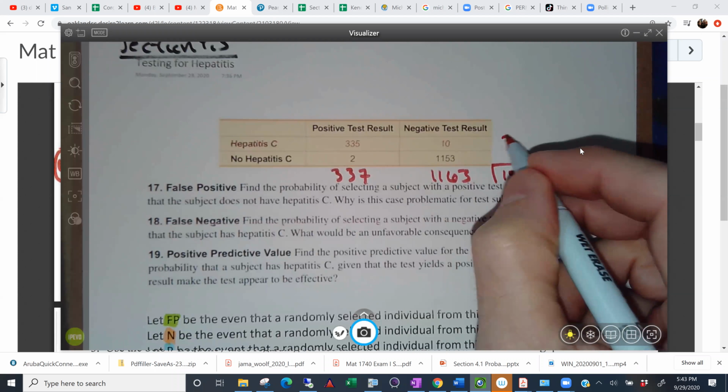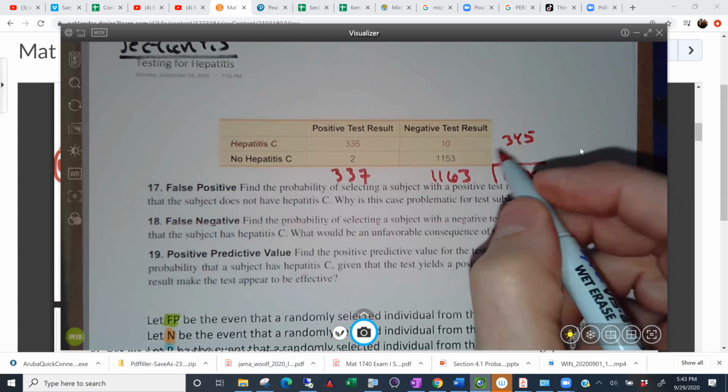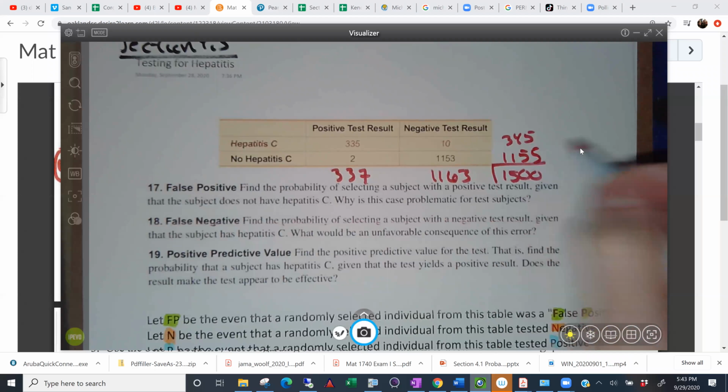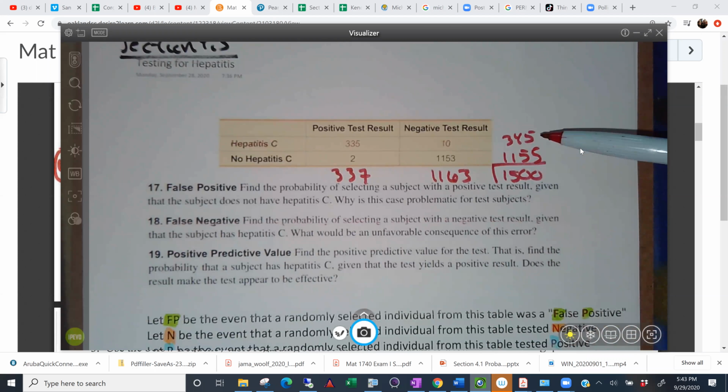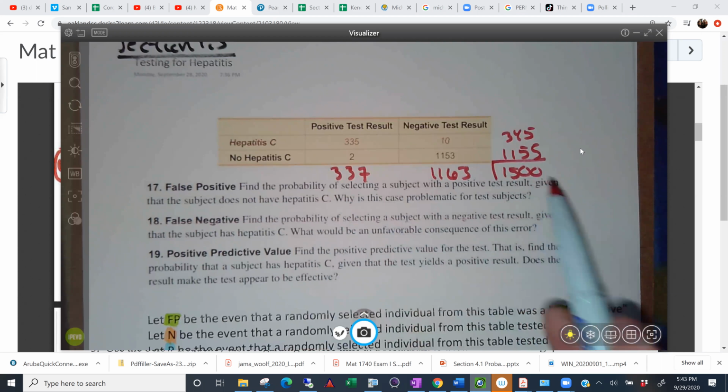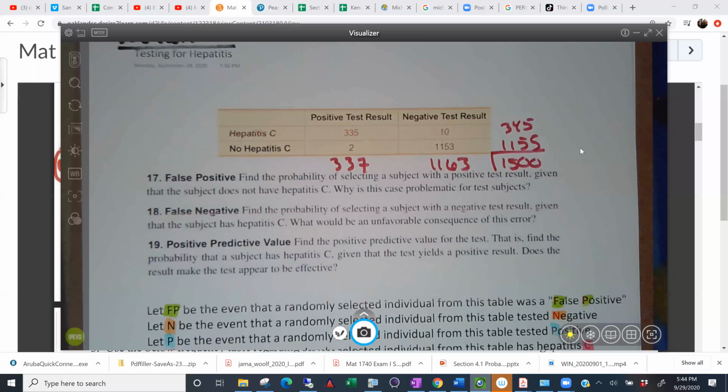This would be 345, and this would be 1155. A nice double check of your work is that the row totals total down to 1,500, and the column totals total across to 1,500. That is, they both should total to the same thing, and they do.